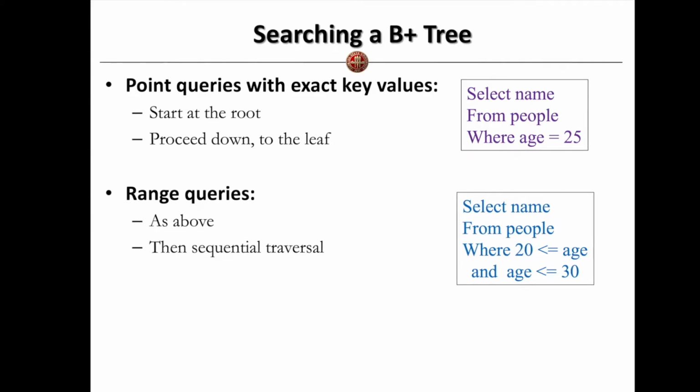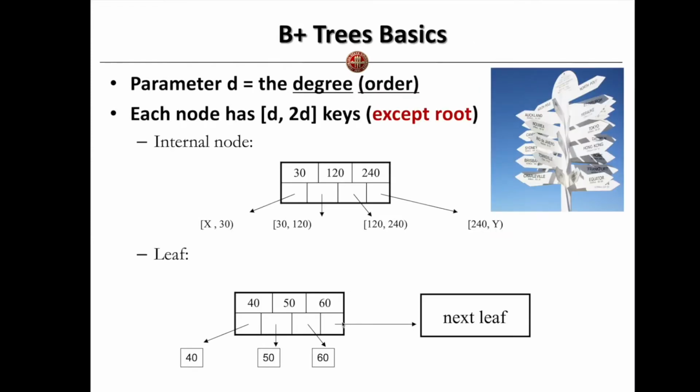The beginning part is very simple, very similar. We start from the root, proceed down, and match the records with the number 20 as an example. And if we can find some tuples whose age is no smaller than 20, then we can do a sequential traversal. Because remember, for the leaf node, we have this pointer pointing to the right-hand side leaf node.